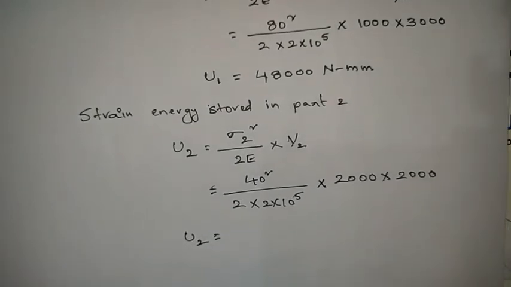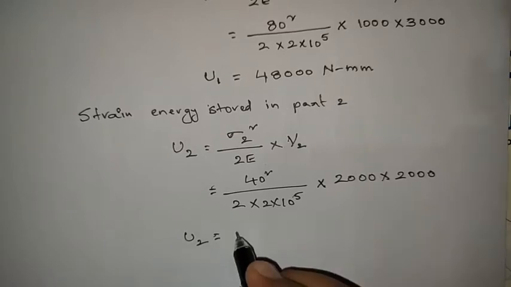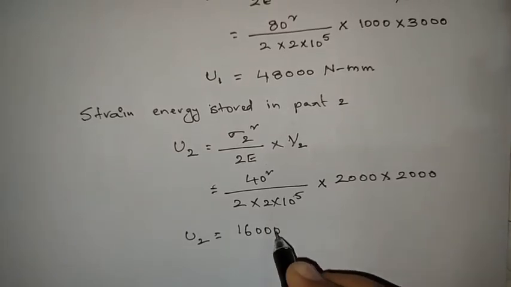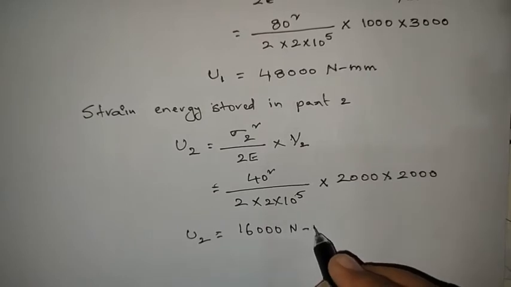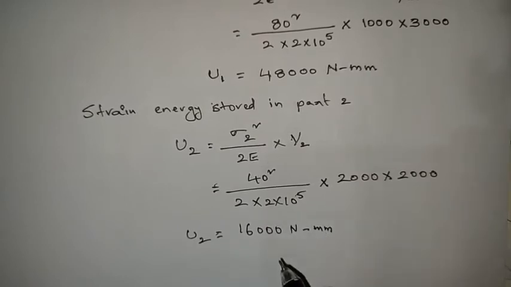So U2 is 16,000 Newton mm, right? So now let us calculate the total strain energy.